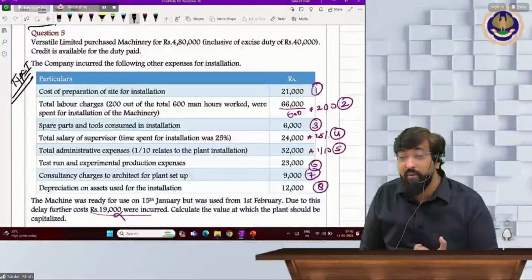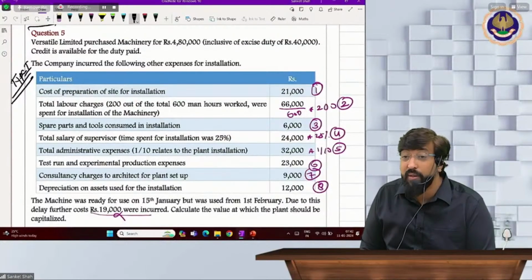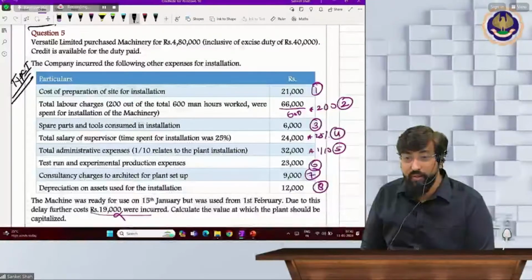So that will not be considered capital expenditure; that will be your revenue expenditure.